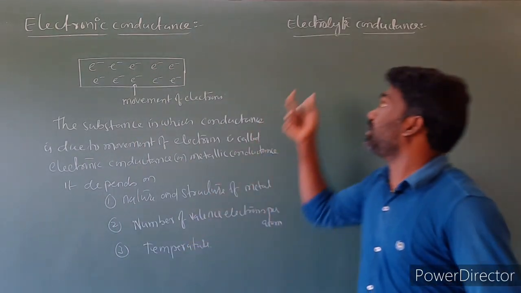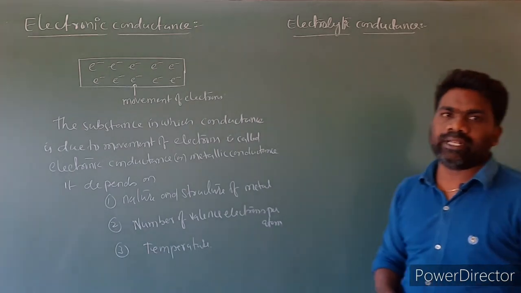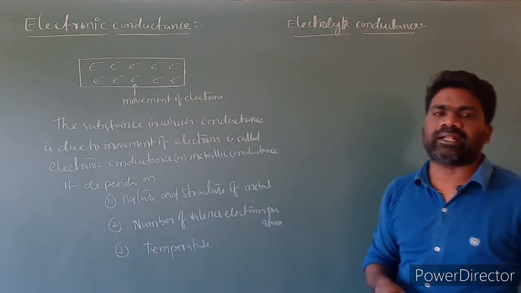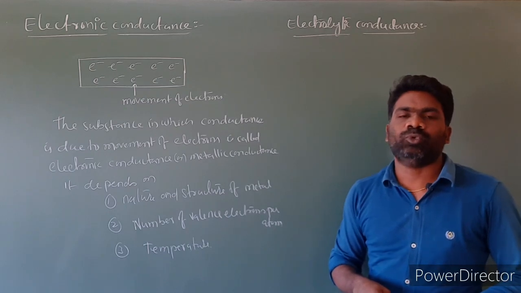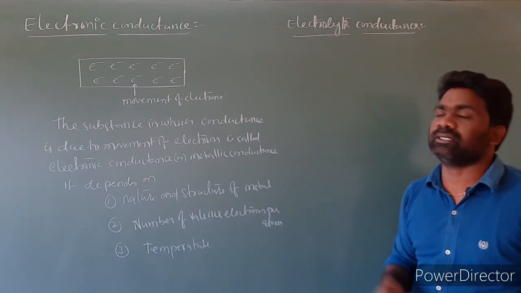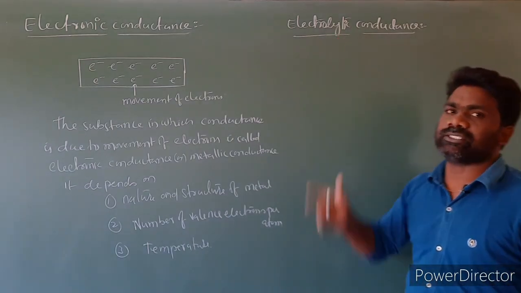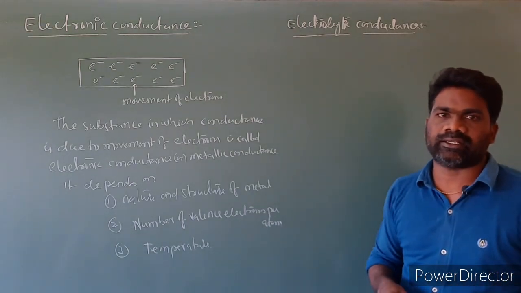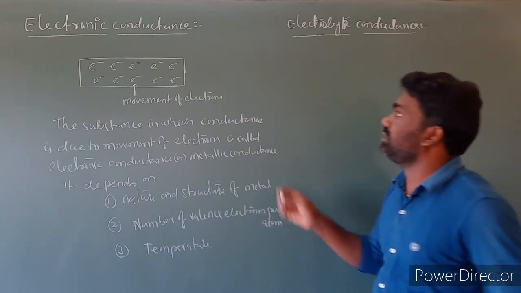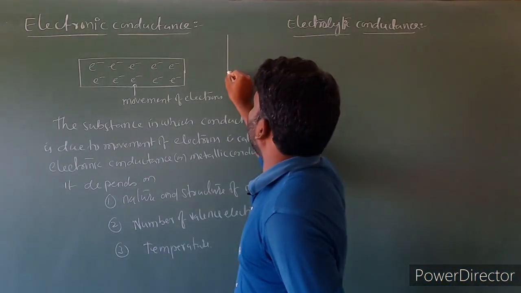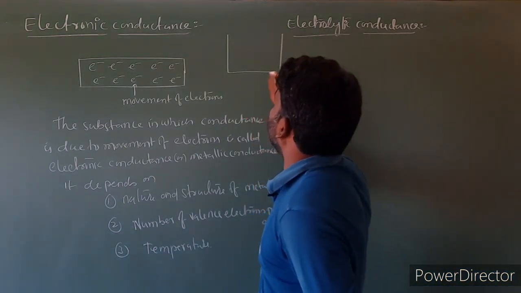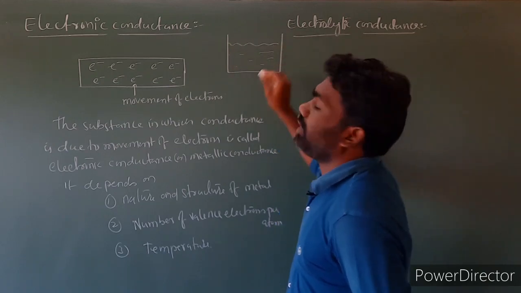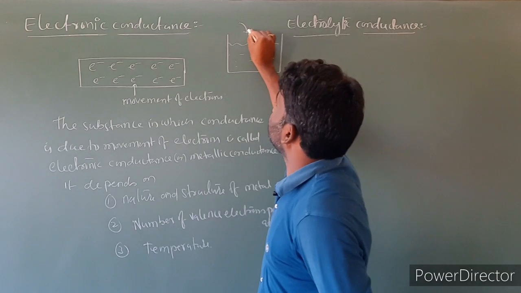Next, electrolytic conductance. Electrolytic conductance is defined as the conductance in substances that is due to the movement of ions. It is also called ionic conductance. What is the meaning of this statement? I am taking water, and in this water I am dissolving, imagine, sodium chloride.